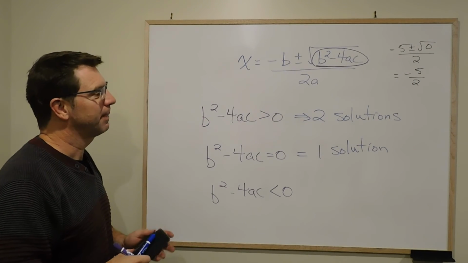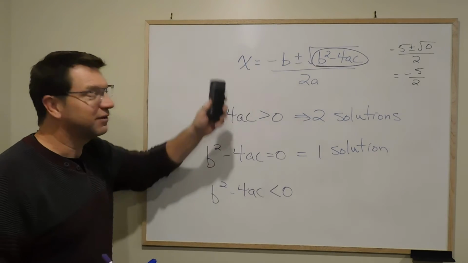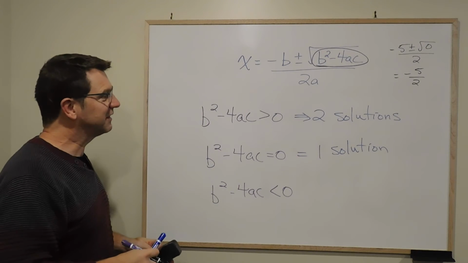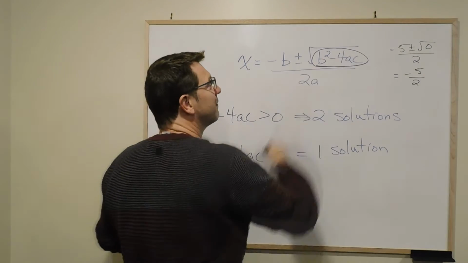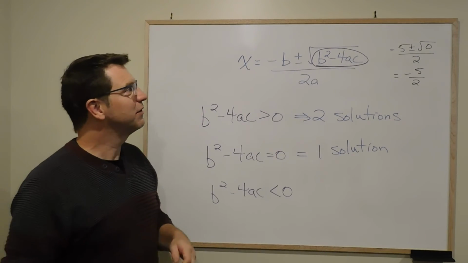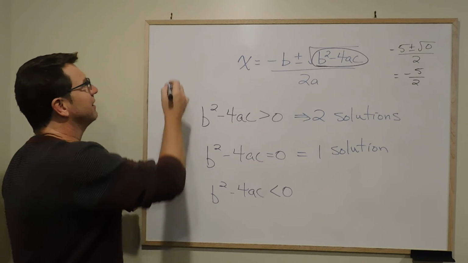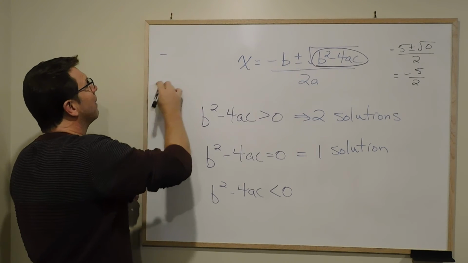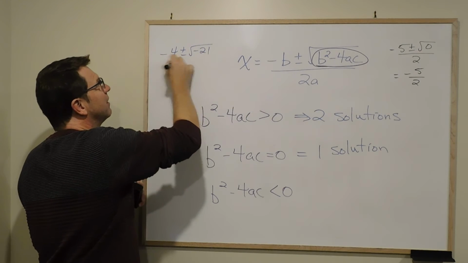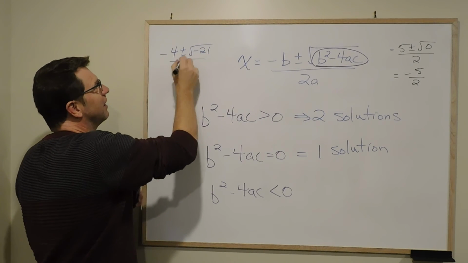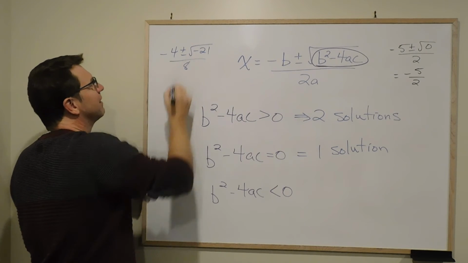Okay. Now the other option is that this thing is less than 0. And if it's less than 0, well, you cannot take the square root of a negative number, right? Which means you would end up with something like negative 4 plus or minus the square root of negative 21, we looked at this a little bit, over, I don't know, over 8.